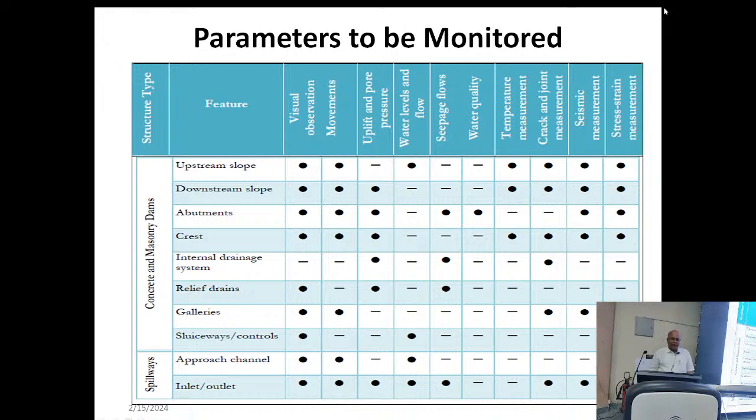For the concrete gravity dam, you also have to check temperature, all these parameters.